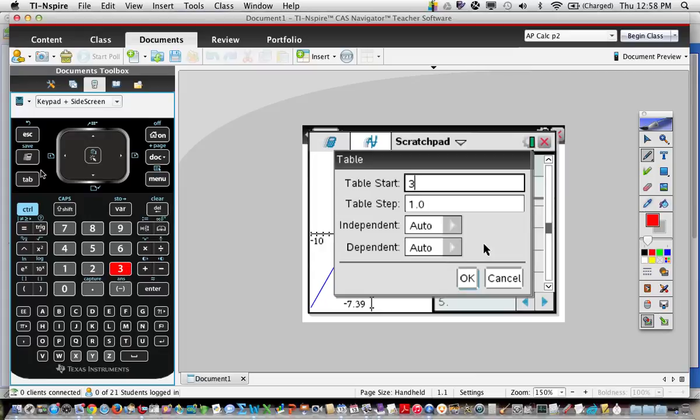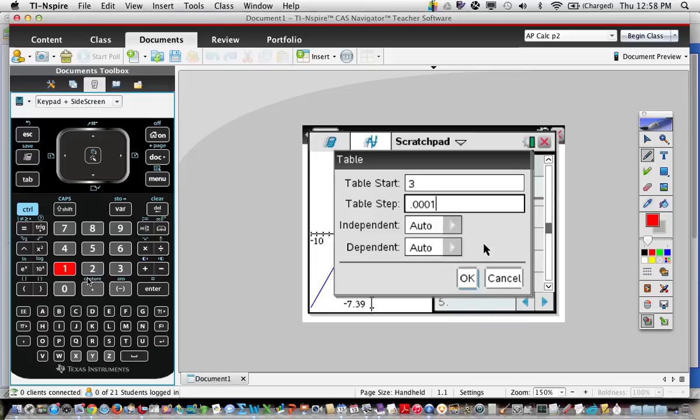And our table step, so I'll just tab down there, we're going to make our table step be 0.001. Now most of the time 2 zeros is probably good enough, but let's put 3 zeros. The only problem with 3 zeros is sometimes the table widths aren't quite wide enough. But let's do 3 zeros just to be safe.